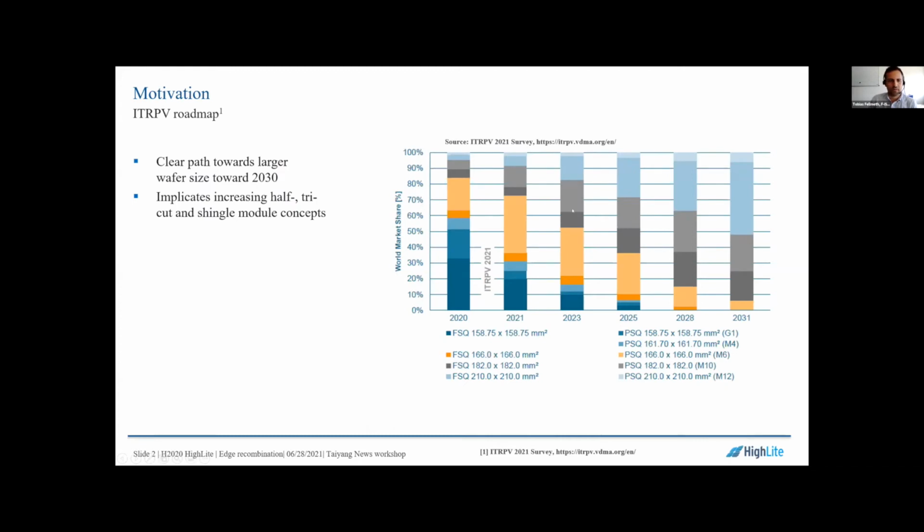When you look at the ITRPV roadmap just recently published, you see basically a trend towards larger wafer sizes within this decade. And this also implies an increasing need for half-cut, three-cut, and shingle module concepts.